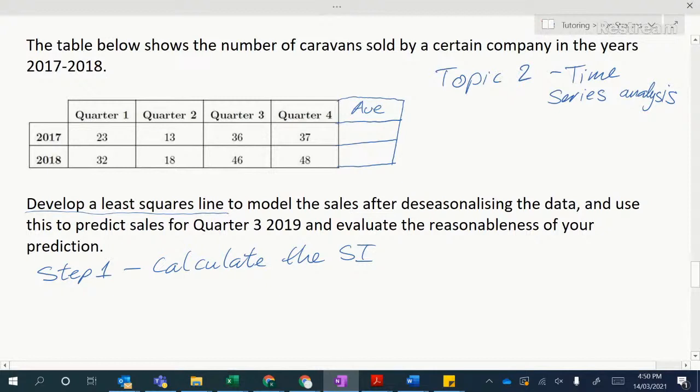So the first thing I want everyone to do is figure out the average sales for 2017 and then the average sales for 2018. So you have to add up those 4 values and divide by 4. Do that first.